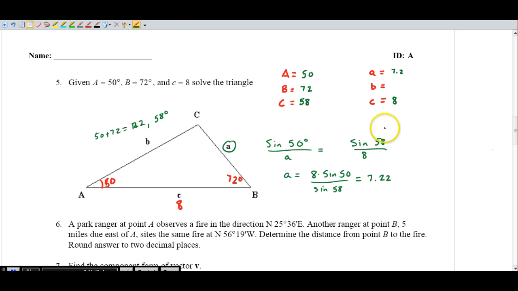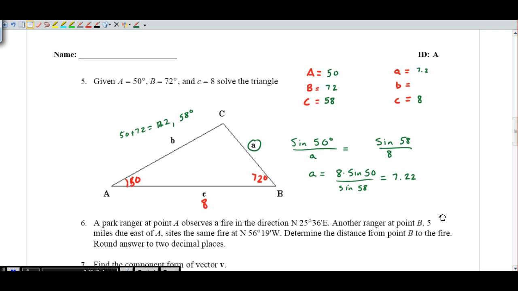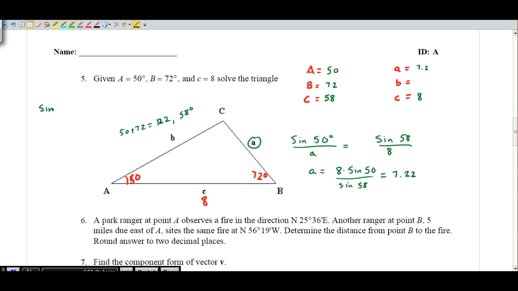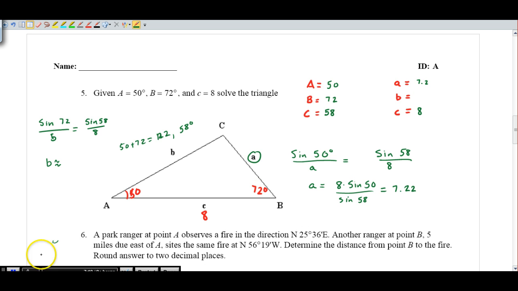I still need to find side B. So the sine of 72 over B is equal to the sine of 58 over 8. So B is about 8.9.